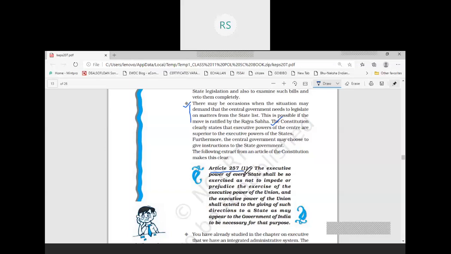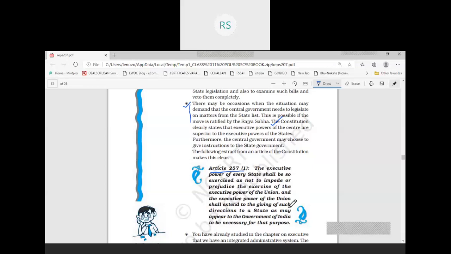So what does it mean? That the executive power of the center is superior to the executive power of the states. That is why the states are instructed to exercise their executive power in such a manner that the exercise of the executive power of the union should not be obstructed.